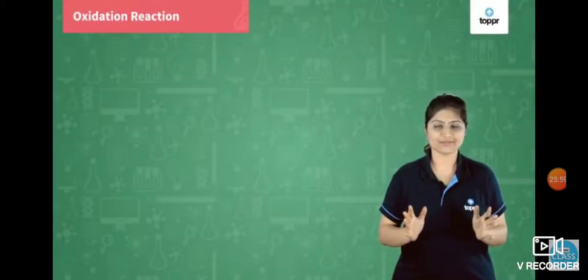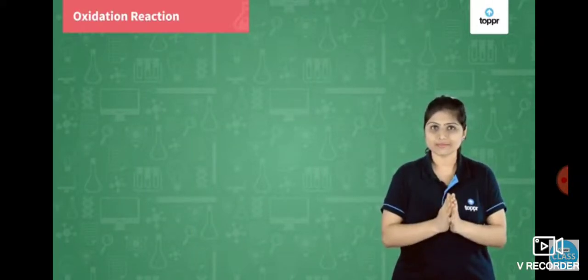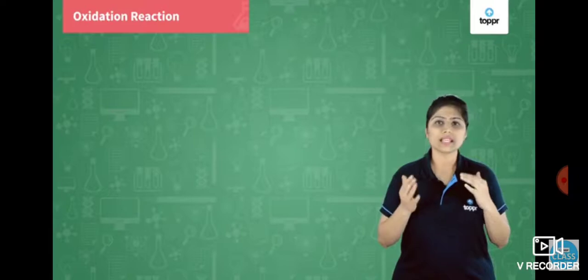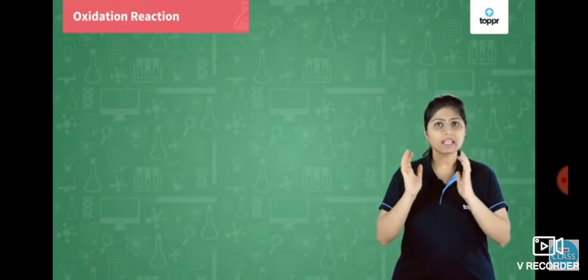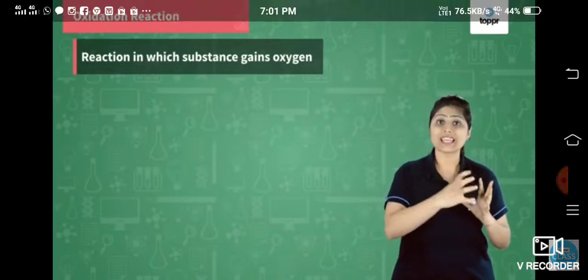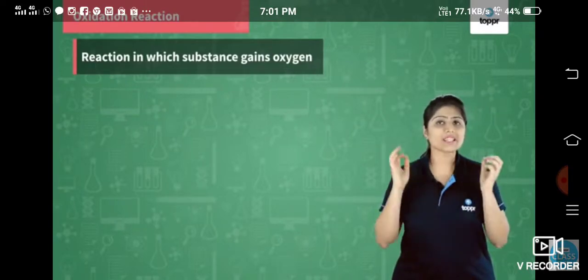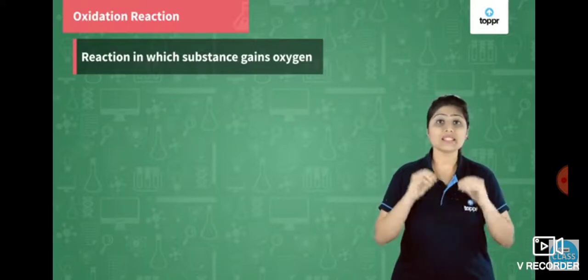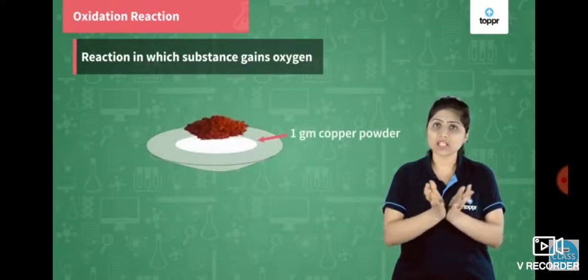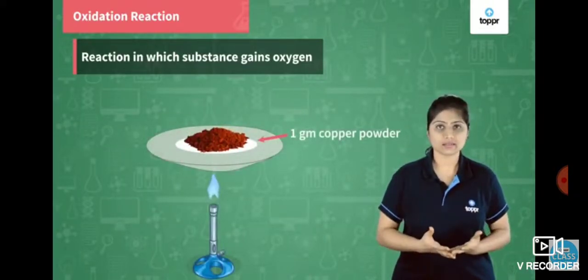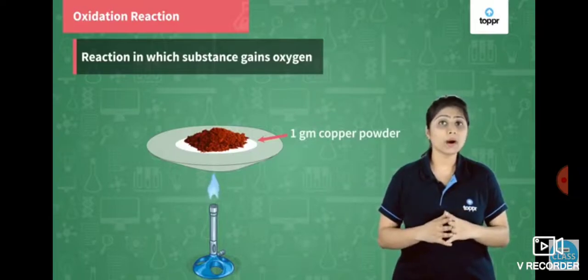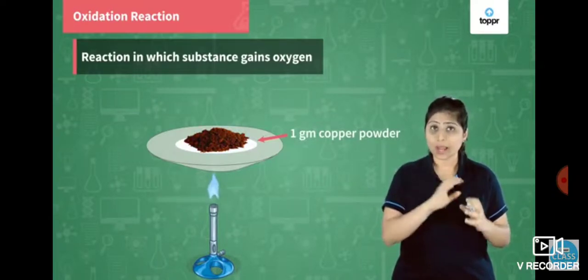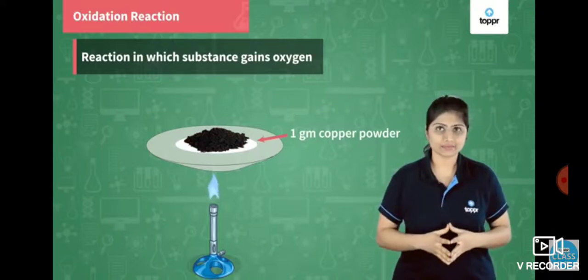Oxidation reaction. The name itself tells us that it is related to oxygen. How? Let us see. If in a reaction a substance gains oxygen, it will be termed an oxidation reaction. For example, if we take 1 gram of copper powder in a dish and heat it, the copper powder will be coated with black copper oxide.